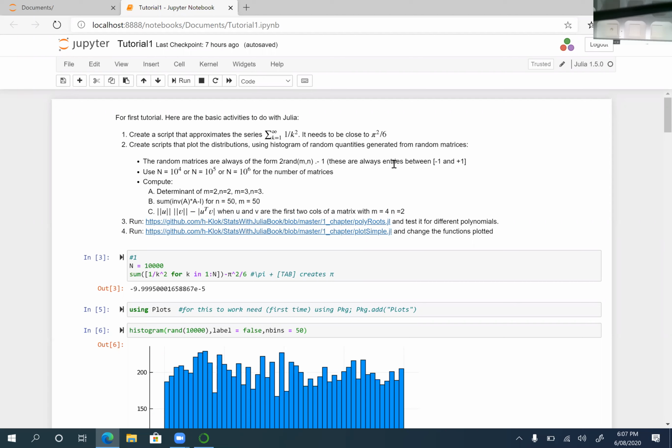Okay, so we've got 4 problems here. The first one asks us to create a script that approximates the infinite series 1 on k squared, and that should be close to pi squared on 6, as predicted by the Riemann zeta function at 2. Let's just run that.